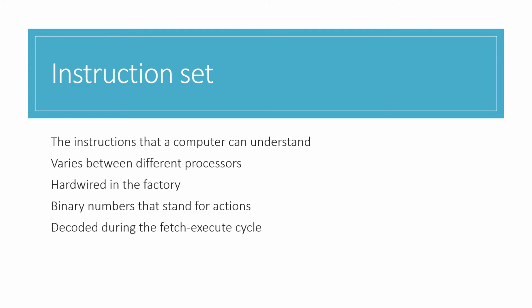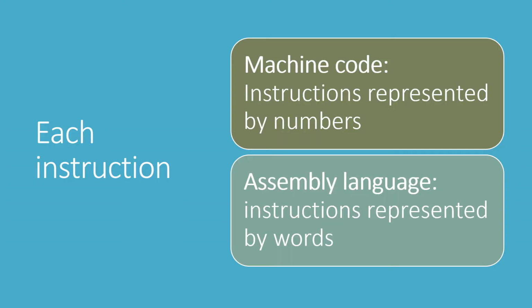A computer program consists of a series of binary numbers that stand for different actions or instructions, and these binary numbers are decoded by the processor during the fetch execute cycle. These instructions can be represented in two different ways.